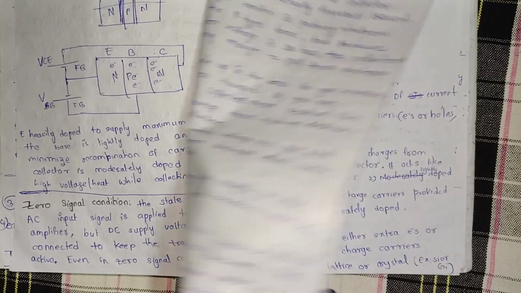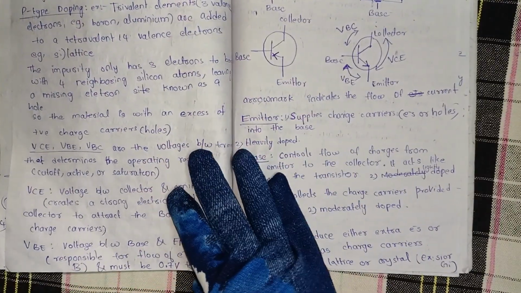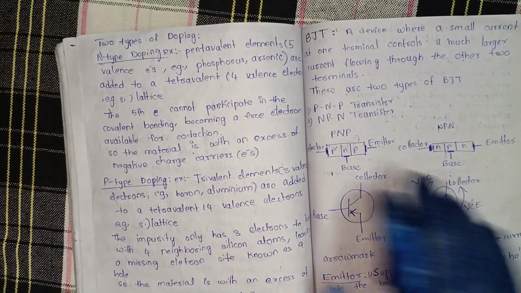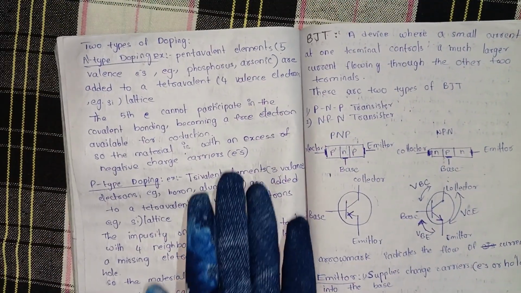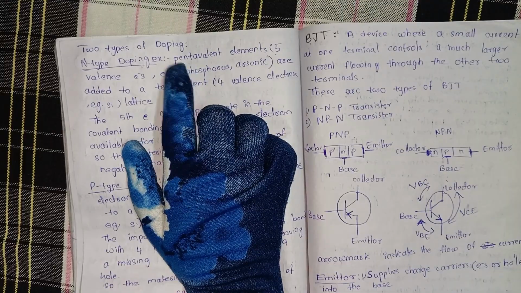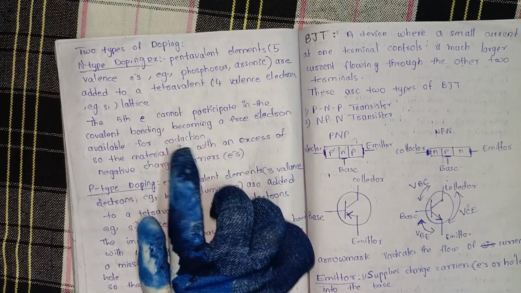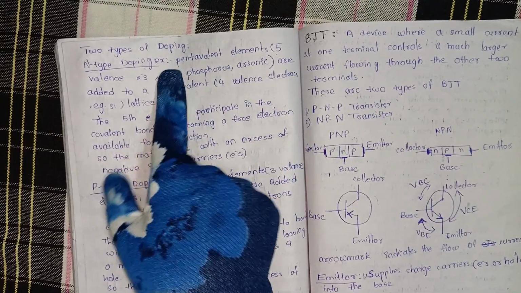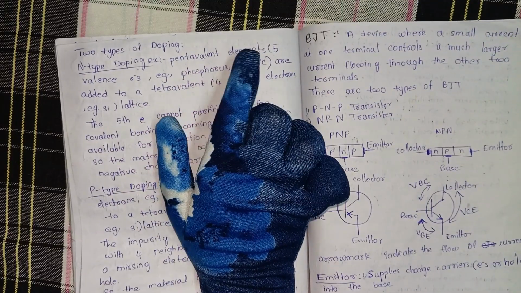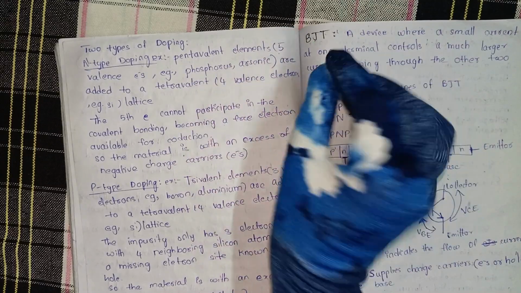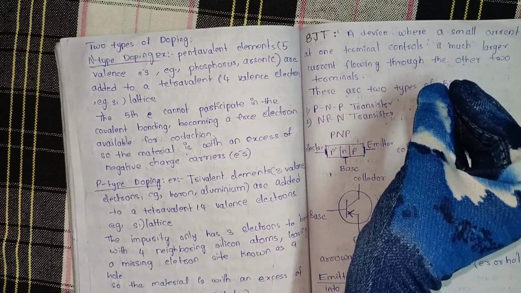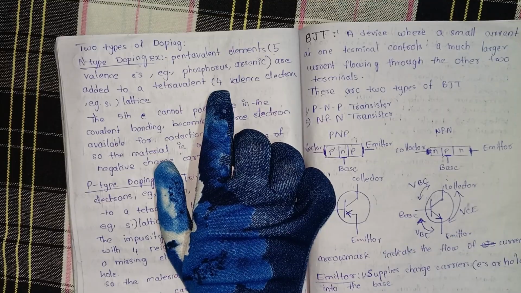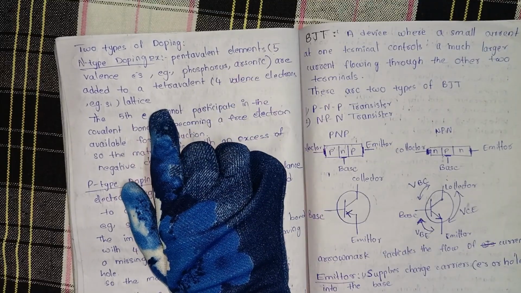Then we will see types of doping. We have two types of doping: n-type doping and p-type doping. N-type doping example is when pentavalent elements, which have 5 valence electrons, for example phosphorus and arsenic, are added to a tetravalent element which has 4 valence electrons, for example silicon lattice.